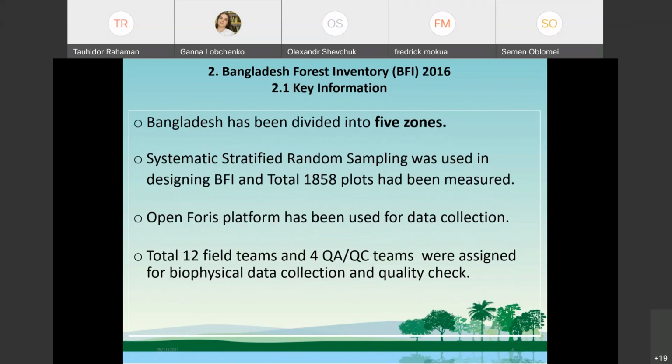In total, we measured 1,858 plots across the country. The Open Foris platform, developed by FAO, was used for survey design and data collection. There were a total of 12 teams for data collection and 4 QC teams for quality check and quality control.